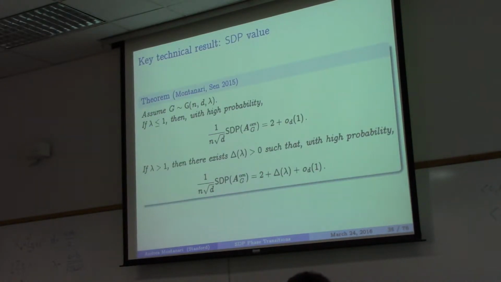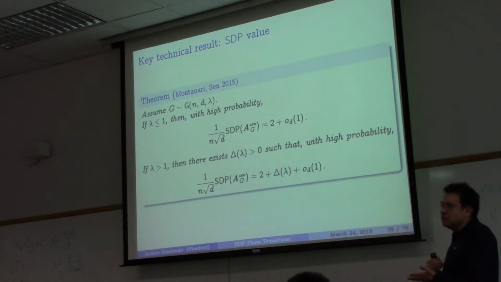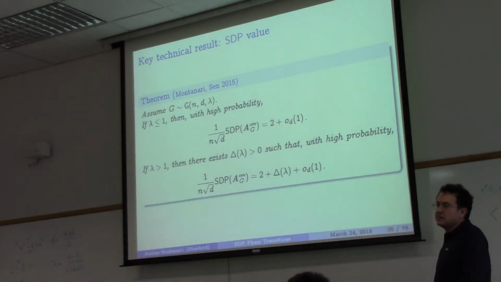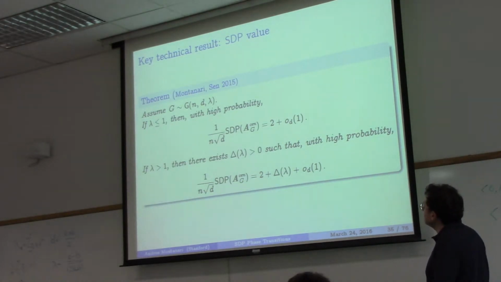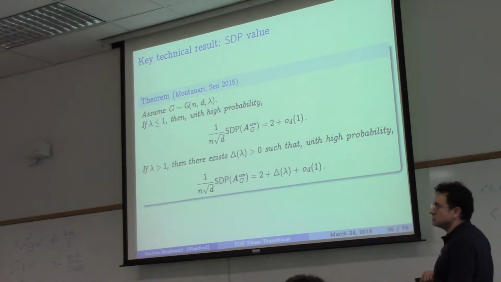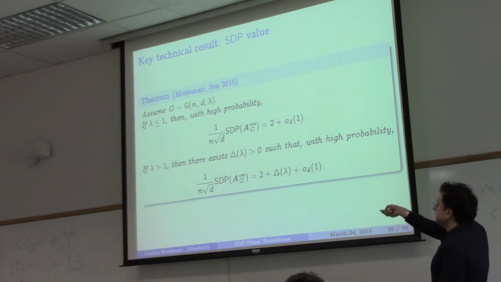As I was mentioning, the real technical result, if you look pre-rounding, is a result about the value of the SDP, and it is the following fact. If you take the graph from this model, call it the model G(n, d, lambda), then there is this phase transition.